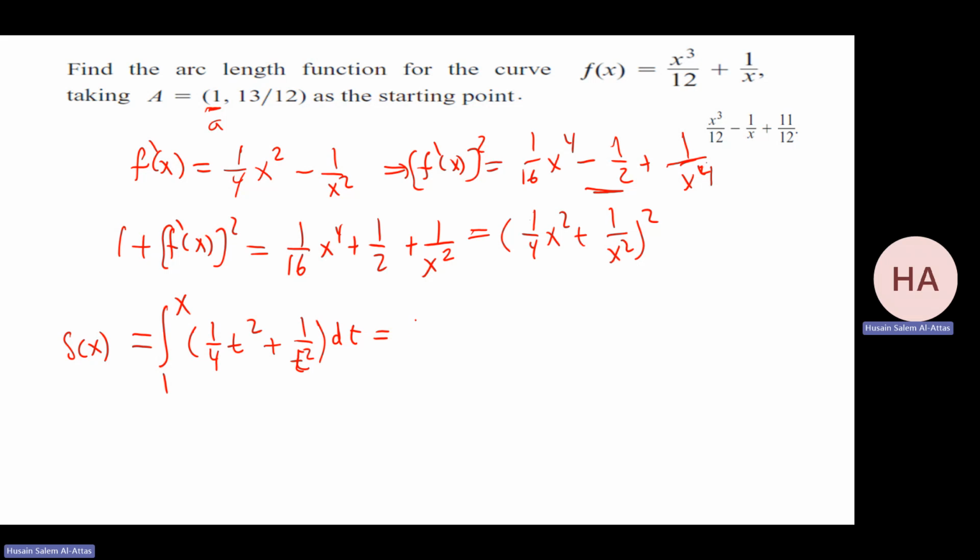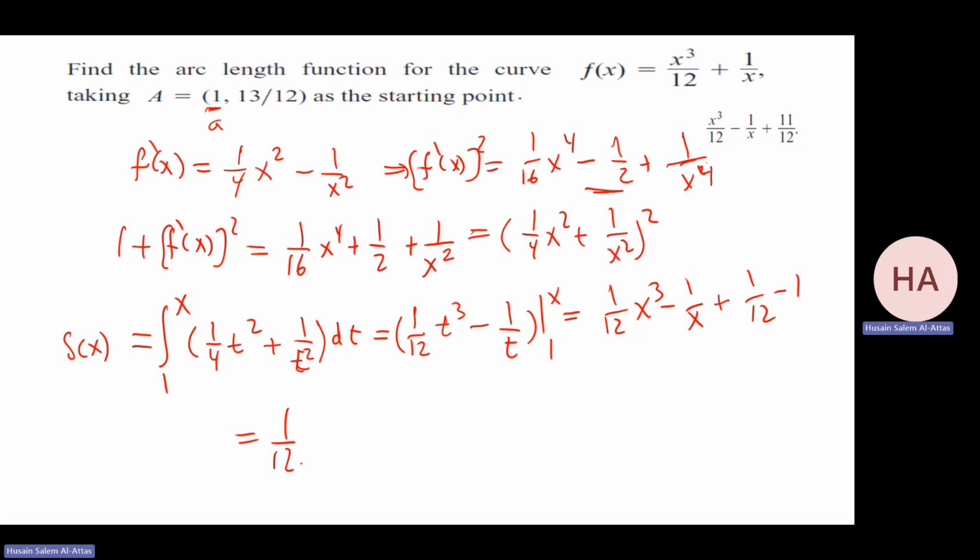This integral is what? 1 over 12 t cubed minus 1 over t from 1 to x. That will be 1 over 12 x cubed minus 1 over x. Substitute the 1: plus 1 over 12 minus 1.